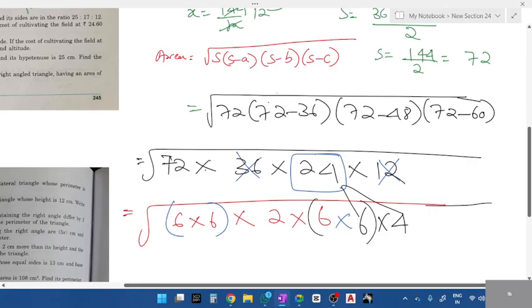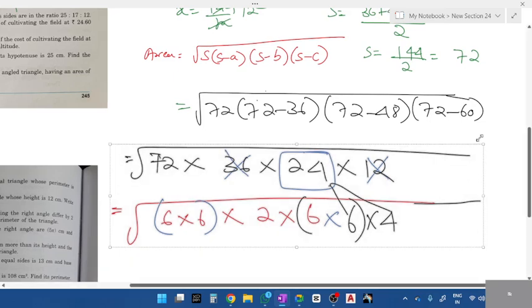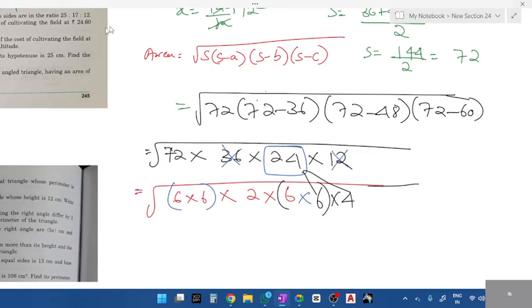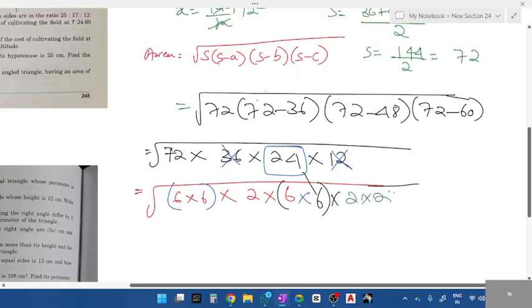Now, tell me, this 72, which one needs a pair, students? 2 needs a pair, right? What about this 4? Can I write 2 into 2 so that it gets a pair? Now, which one requires a pair? 2. Take 72, divide by 2.